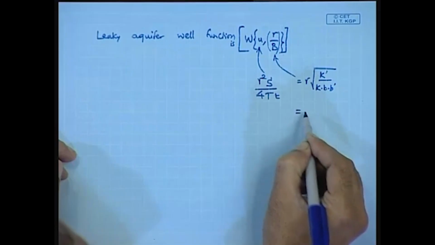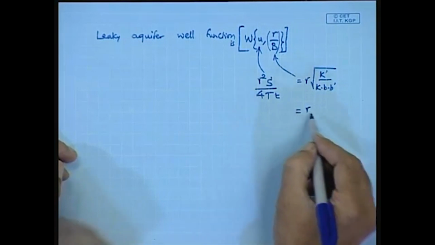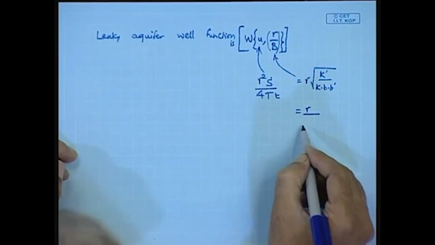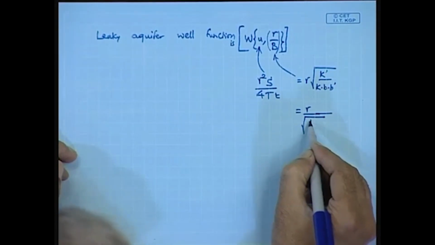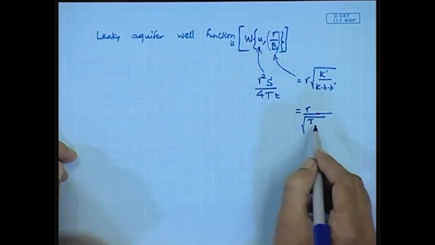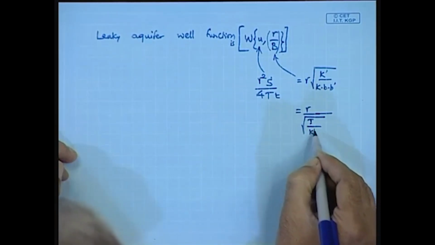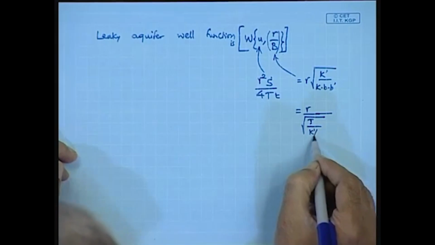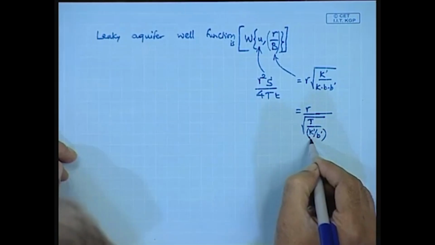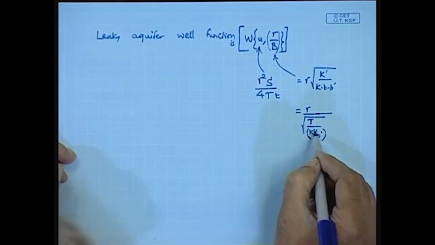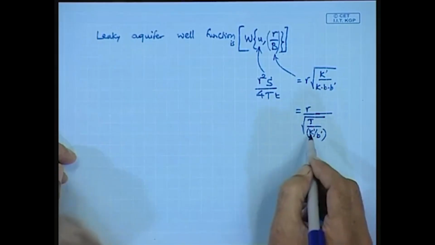This can also be written as R divided by the square root of T, that is the transmissivity of the leaky aquifer, divided by K dash by B dash, which is the ratio of the hydraulic conductivity of the top aquitard and the thickness of the top aquitard.